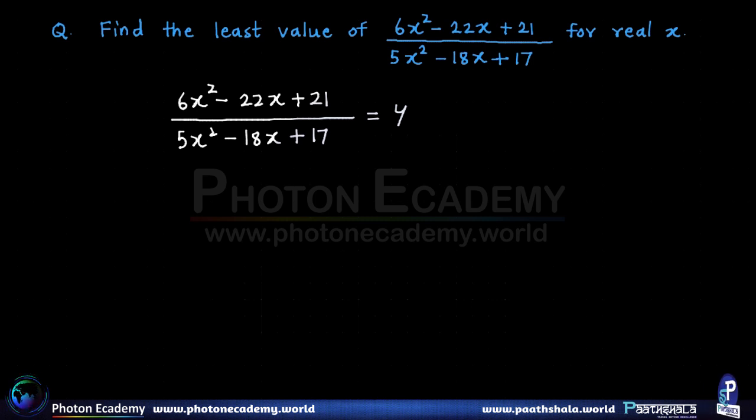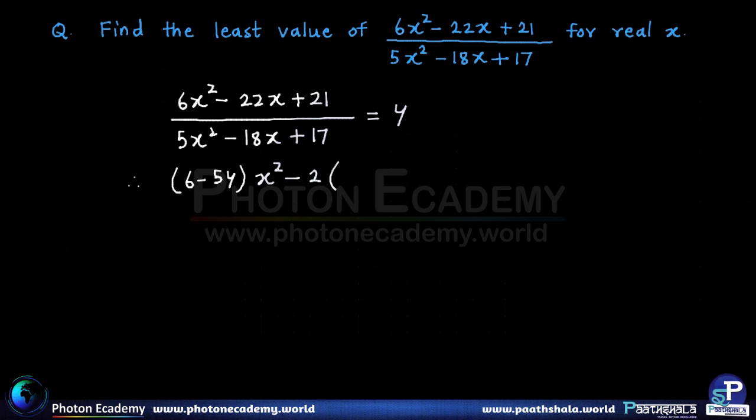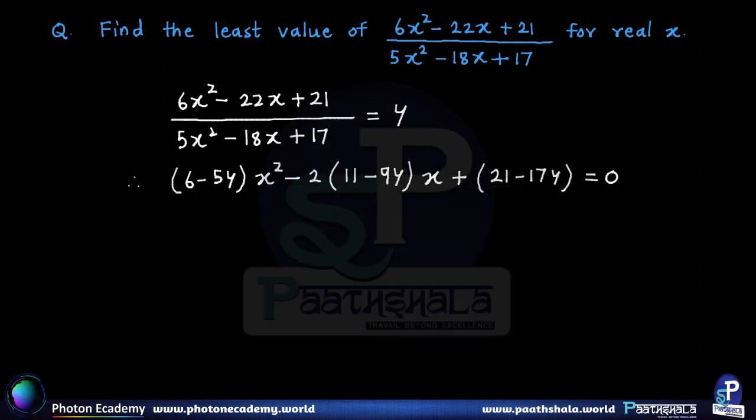So here we cross multiply and finally arrange all the terms so that we will have a single quadratic equation in x. So therefore on doing that, we get the final quadratic equation as (6 minus 5y) times x square minus 2 into (11 minus 9y) times x plus the final constant term 21 minus 17y equal to 0.